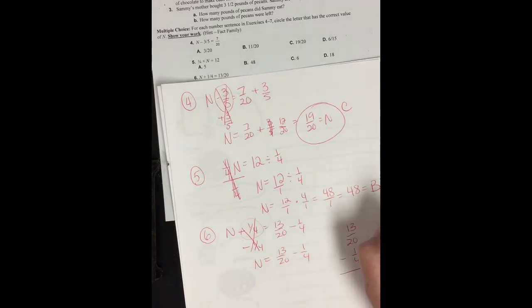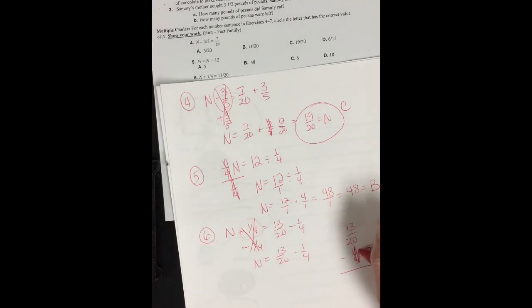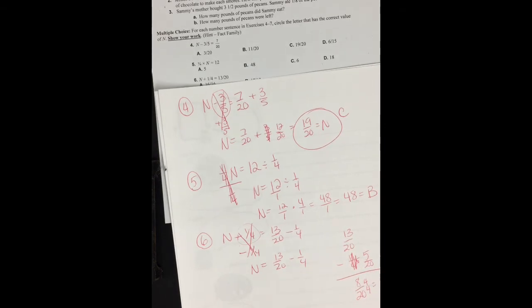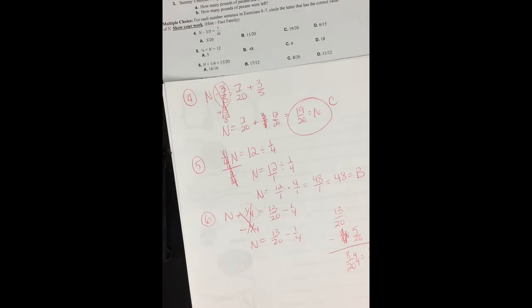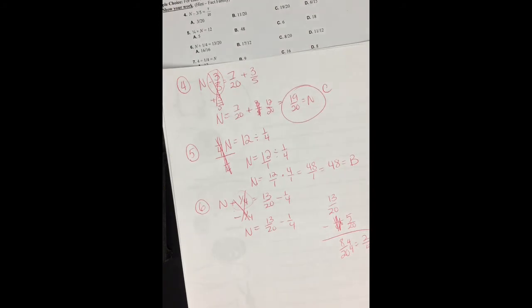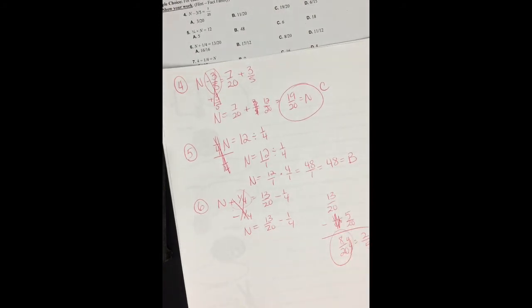I need to rename this. I have 13/20 minus 5/20, which is 8/20, reduced by 4, and I get 2/5, which is C. It actually doesn't even give the reduced.